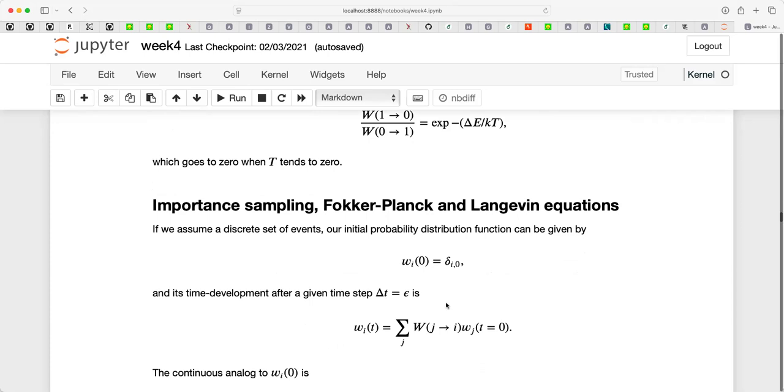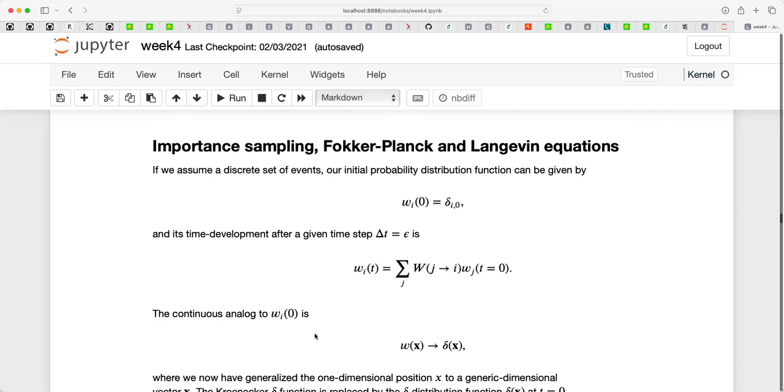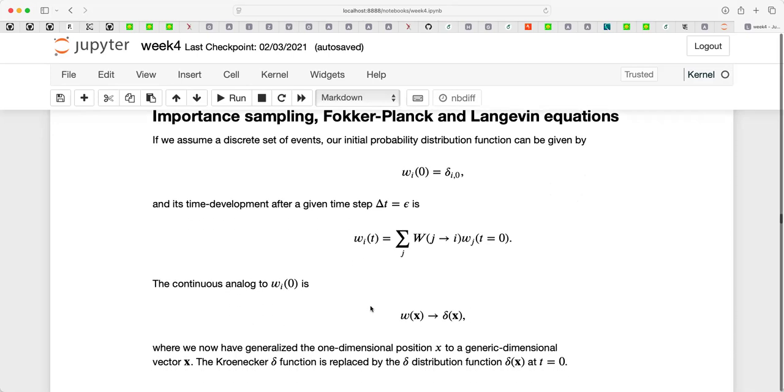Now, if you do that, after some time step, delta t, you're in a new position, and then the probability is just given by your probability of being at t equals 0. If you look at the continuous case, this means that this W in a position x is now replaced by a delta function.